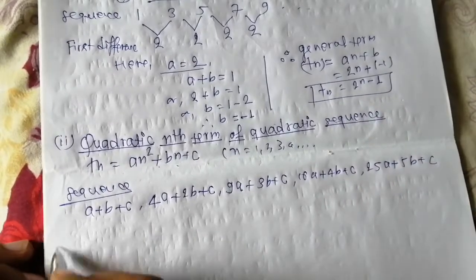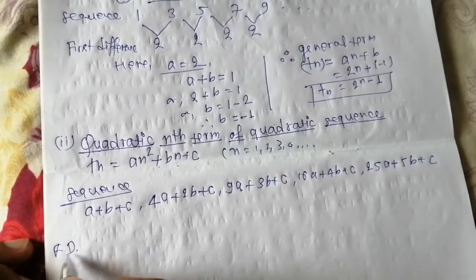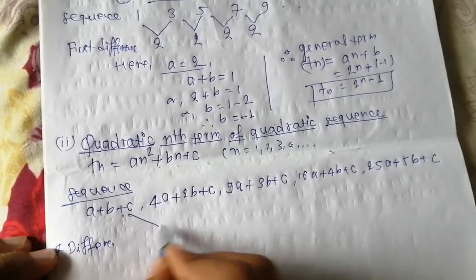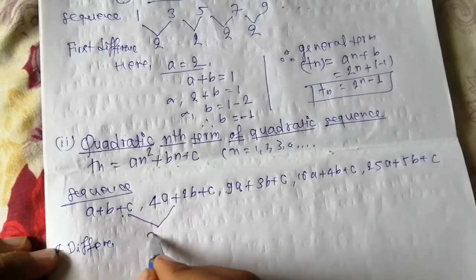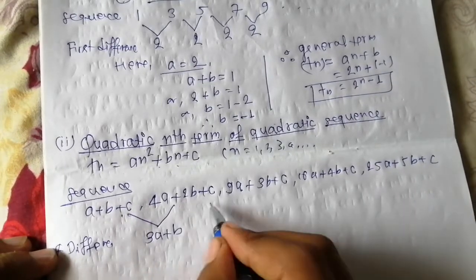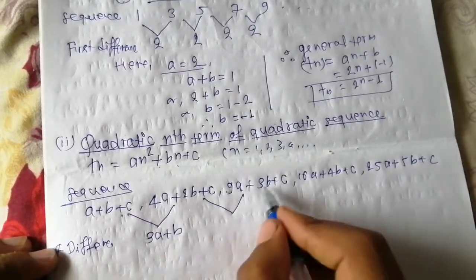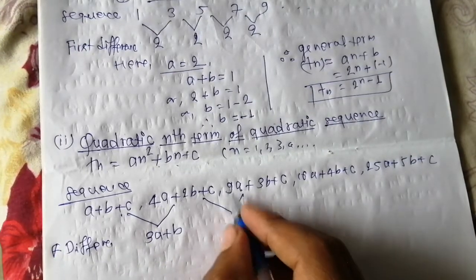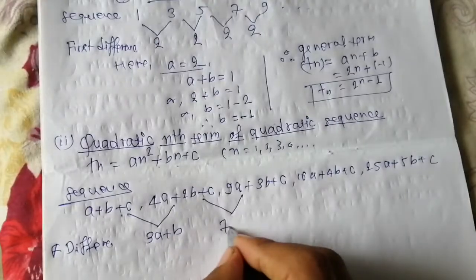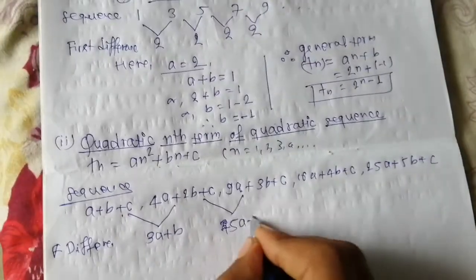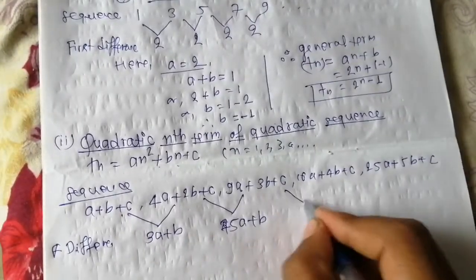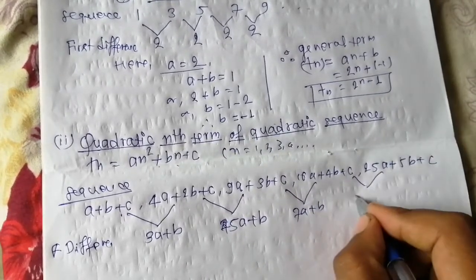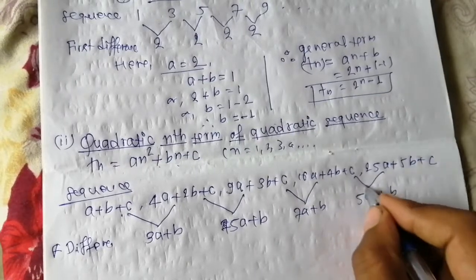So what is the first difference? The first difference gives 3a plus b, then 5a plus b, next 7a plus b, next 9a plus b.